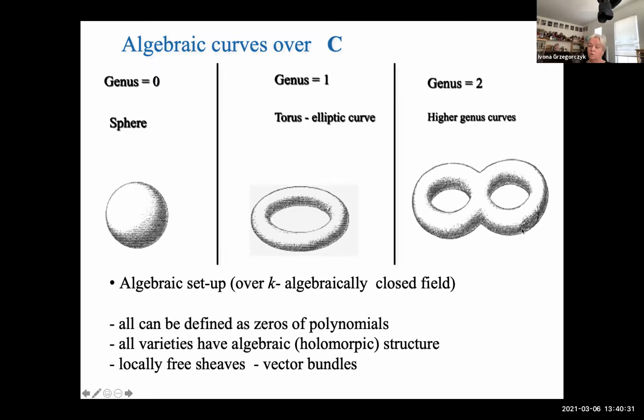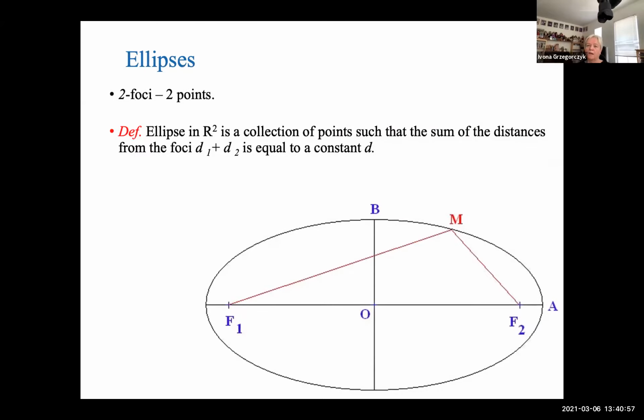If you want to go complex, you can study this kind of curves, and it turns out the only ones that exist are the ones that are built out of donuts. So I have one donut, then I can have 2 donuts, then 3 donuts, 4 donuts, 5 donuts, and there are no other curves in complex space. Now, I don't have that much time, but you would say, oh, well, we all know what an ellipse is.